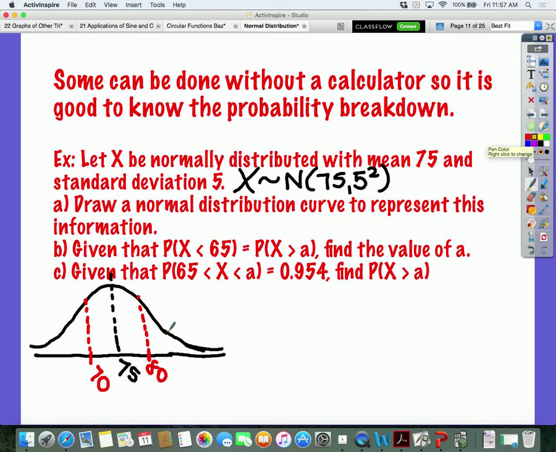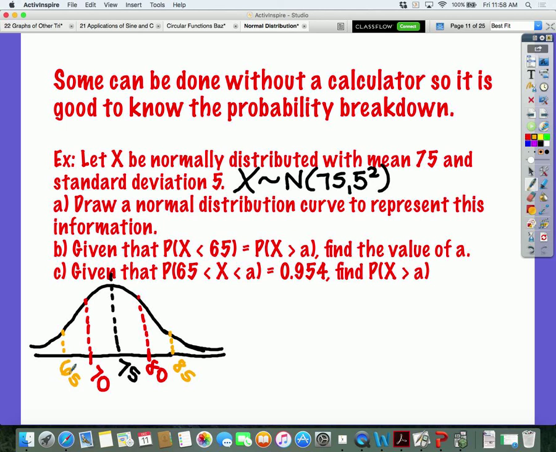You then would need to do 2 standard deviations. Okay? So that'd be 75 plus 2 standard deviations to get 85. Or you can continue to add 5 to the previous standard deviation. Or subtract 5 from the previous standard deviation, or subtract 2 standard deviations, which would be what? 65.